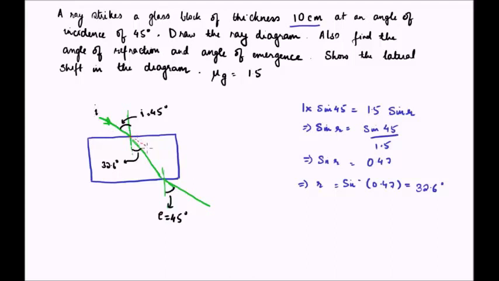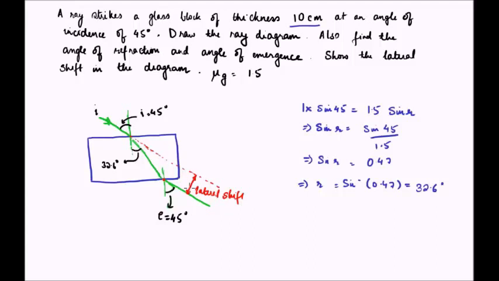On extrapolating the incident ray straight, it will turn out to be parallel to this, and this distance will be our lateral shift. This distance will be the same whether we measure it here or here. Anywhere beyond the emergent position, the lateral shift will be the same.